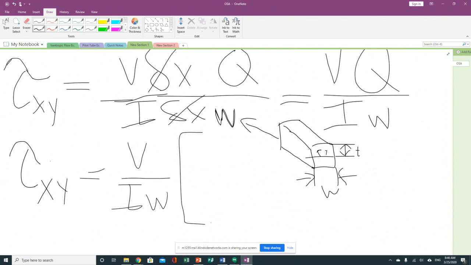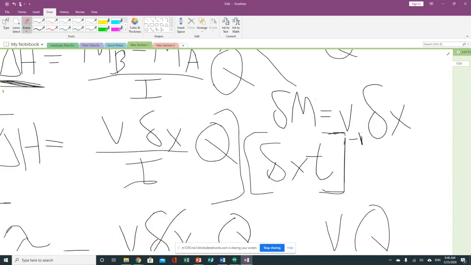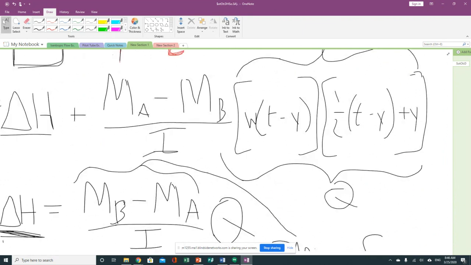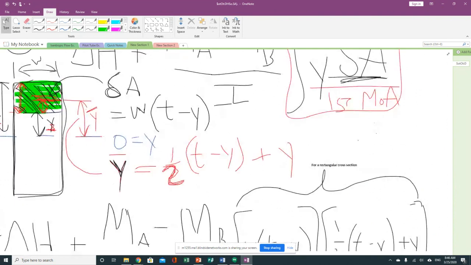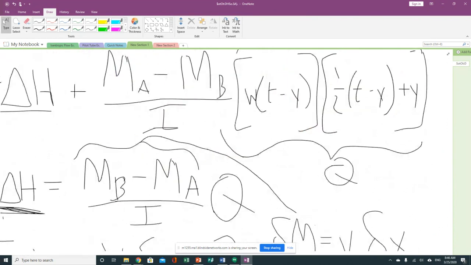Wait, so can you scroll up a little bit then? Keep going. Would you change that T right there? Is that all the T's you would change? Yeah, because all those are consistent. Even in the Q?